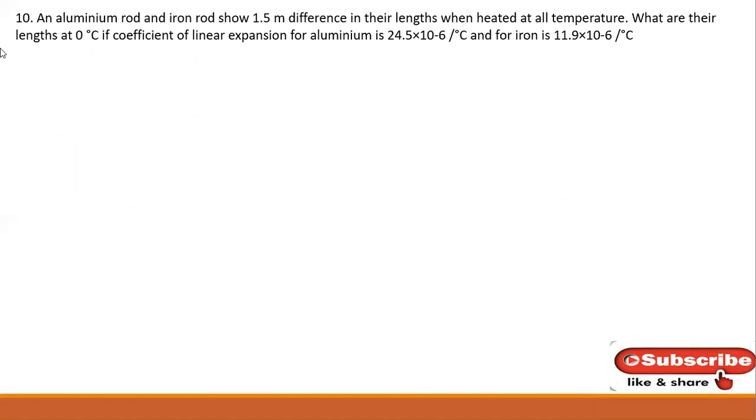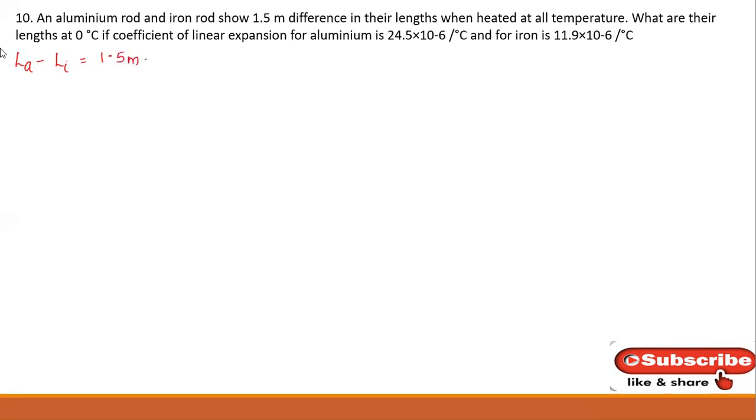An aluminum rod and an iron rod show a 1.5 meter difference in their length. That is, the difference in length of the aluminum and iron rod is 1.5 meter.